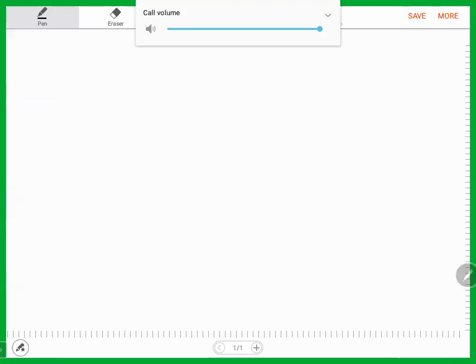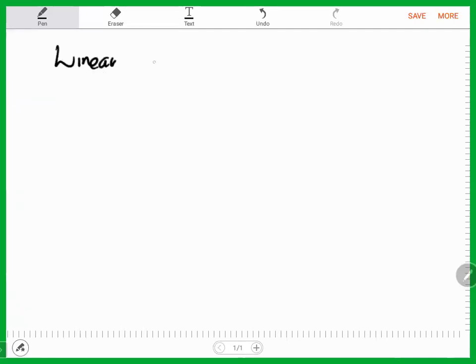Today we said we would be introducing ourselves to a new topic, and the new topic is actually called linear algebra. Linear algebra and calculus.